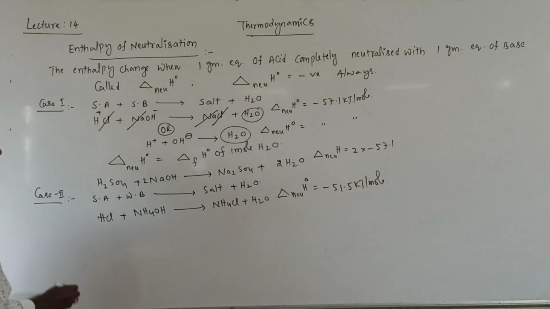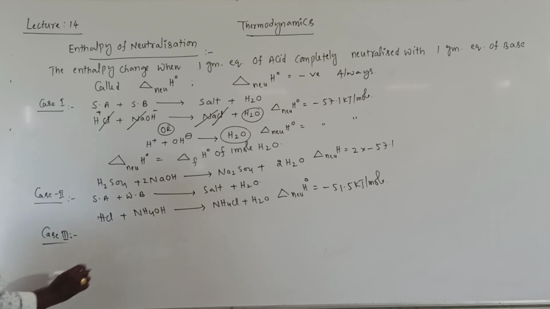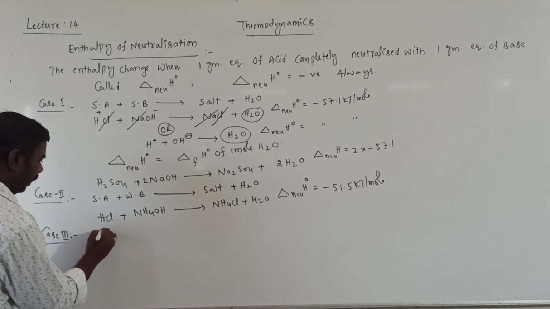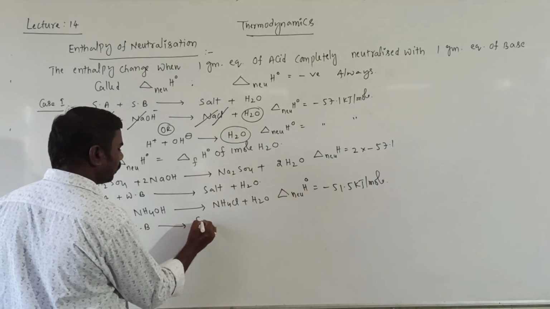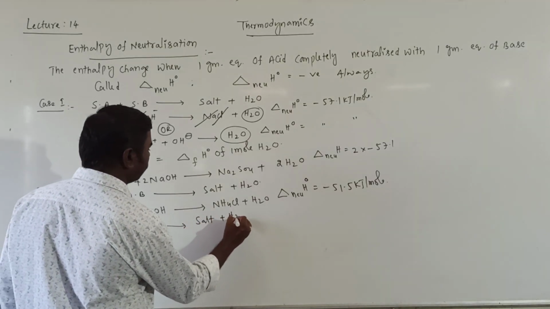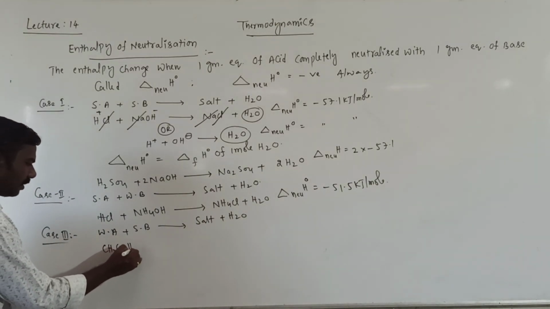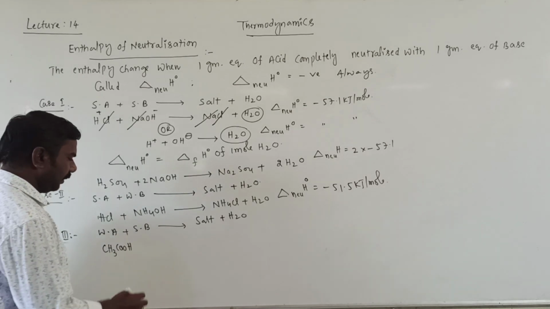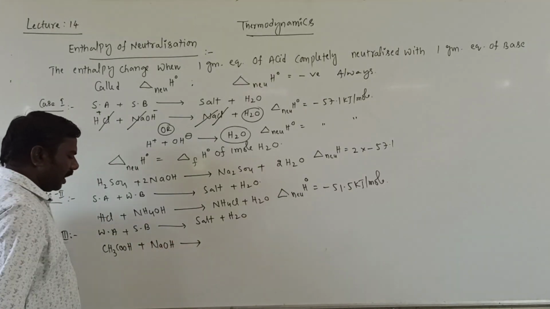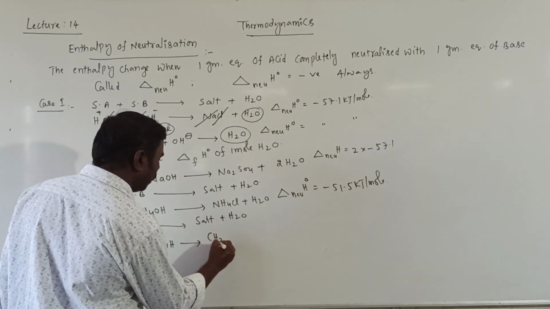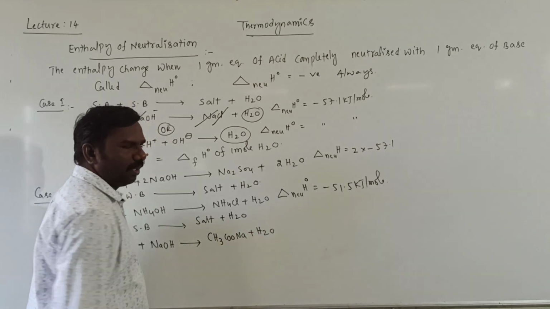Next, case 3, that is weak acid plus strong base gives rise to salt plus water. For this, weak acid example CH3COOH, acetic acid, plus NaOH, a strong base, then gives rise to the salt CH3COONa, and water will be formed.